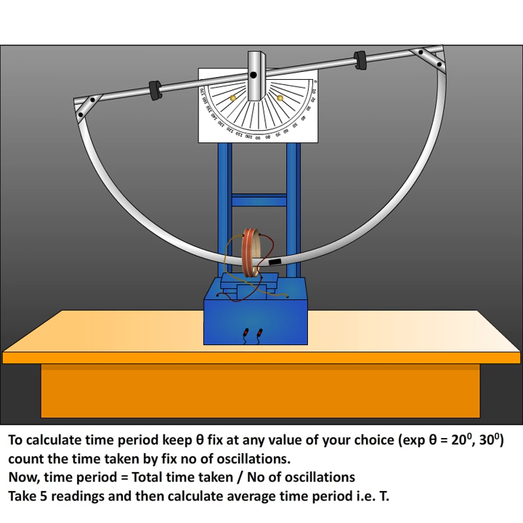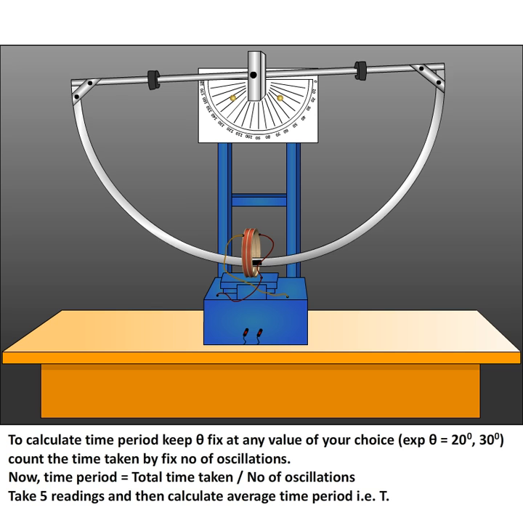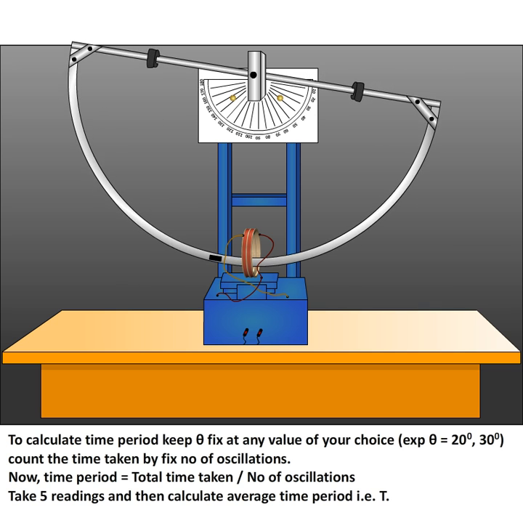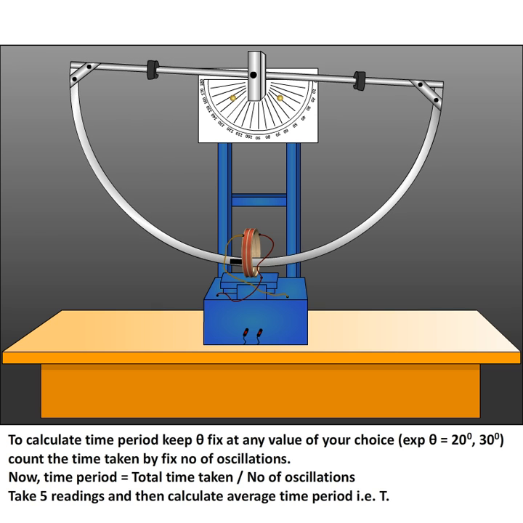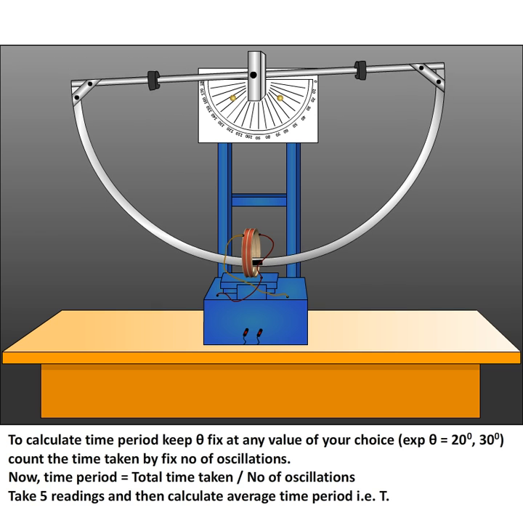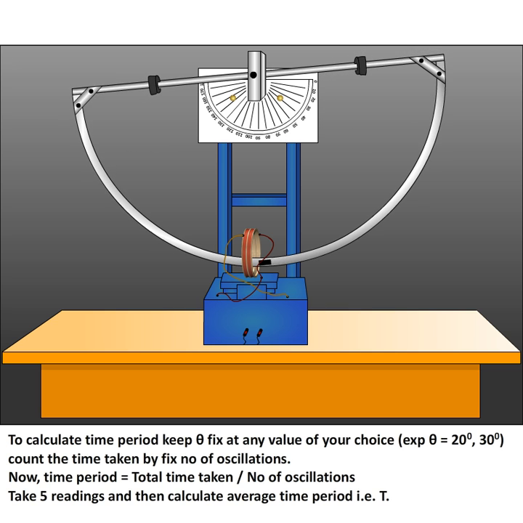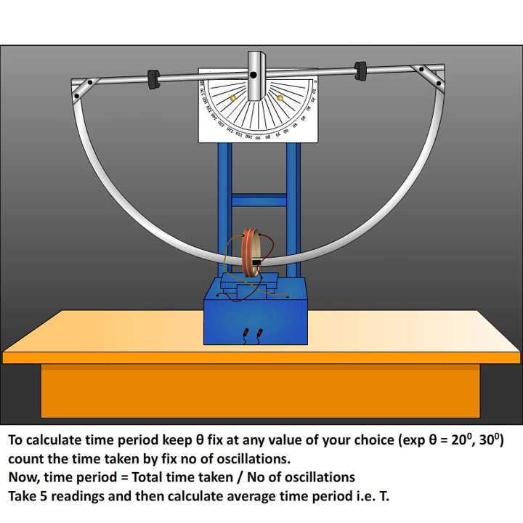In this way, we take at least 5 sets of readings and calculate the time period by dividing the total time taken by the number of oscillations. On taking the average of these values, we have the average time period.